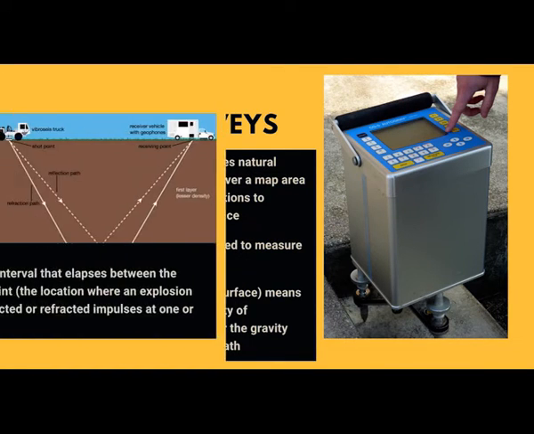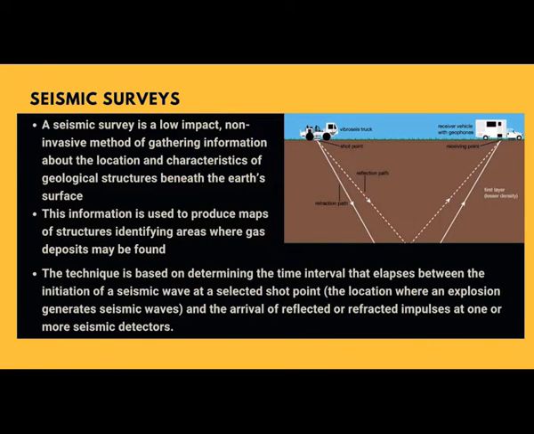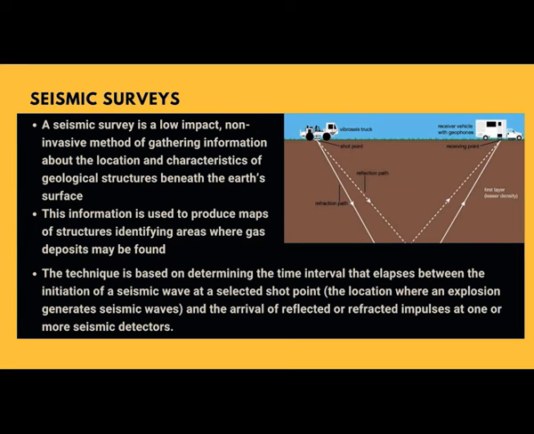The seismic survey is a low impact, non-invasive method of gathering information about the location and characteristics of geological structures beneath the Earth's surface. This information is used to produce maps of structures, identifying areas where oil and gas deposits are found. So primarily here, with the help of a specific instrument, sound waves are produced and sent into the subsurface of the Earth.